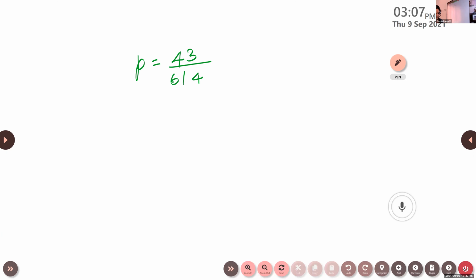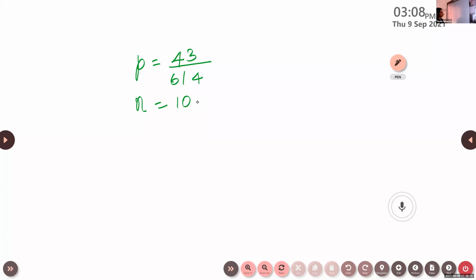43 by 614. Now what is asked? What is the probability that 10 pages, when you take 10 pages, n is equal to 10, when 10 pages are selected at random, will be free of errors?